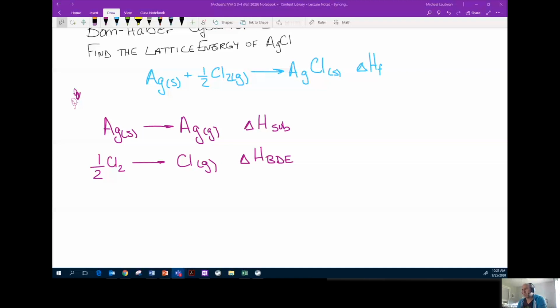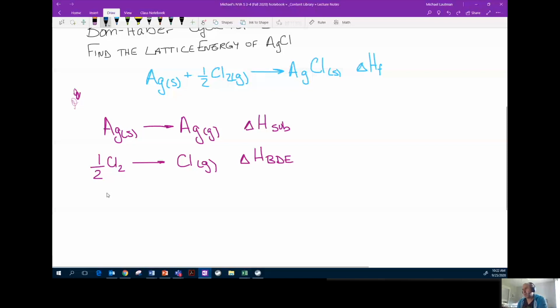So silver gas becomes silver ion in the gas phase, and that is the first ionization energy of silver.